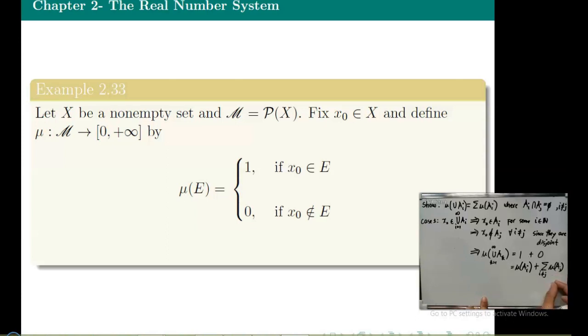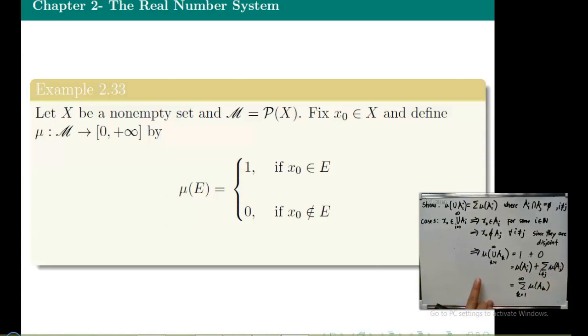So therefore the summation of this is 0. Each mu of A sub j is 0, the summation of that is of course 0. Hence, we can write this as the summation of mu of A sub k, where k is from 1 to infinity, if we add them together.